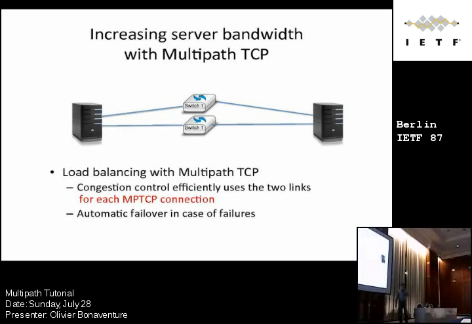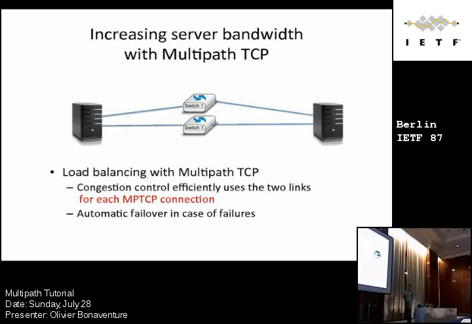And then you have the Multipath TCP congestion control scheme that will allow you to use the 2 interfaces at the same time, and it will load balance the traffic over the different interfaces depending on the amount of traffic being sent and depending on the congestion in the network. Multipath TCP will do this automatically for each TCP connection, and a single TCP connection will be able to use both links together at the same time, and you will see examples later on.